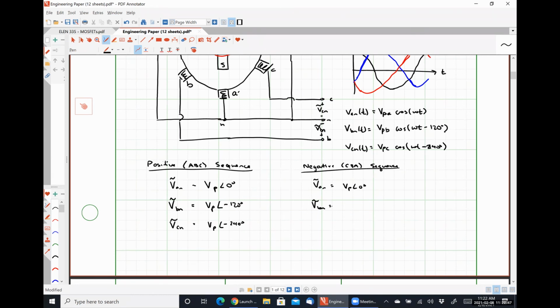VBN is equal to VP with an angle of positive 120 degrees. And VCN is equal to VP with an angle of positive 240 degrees.